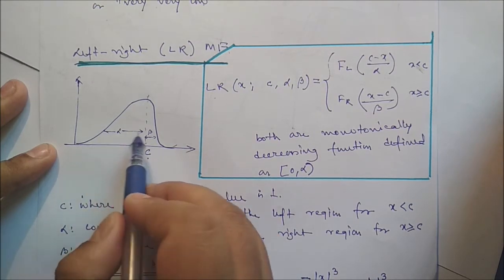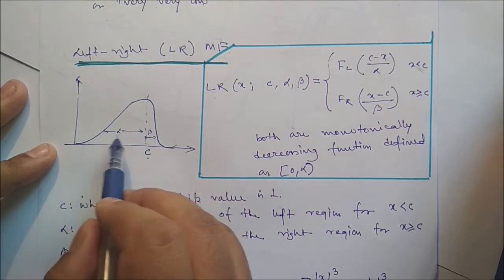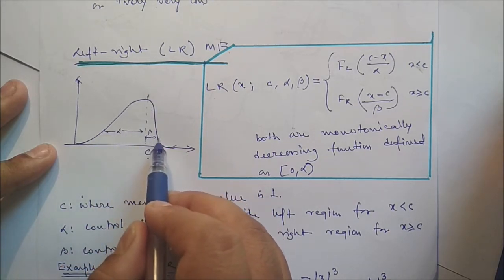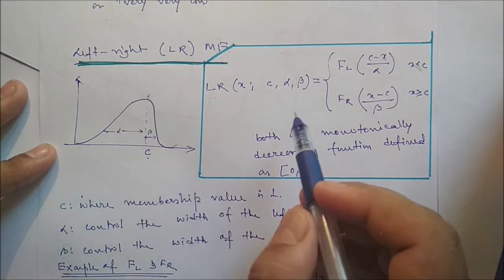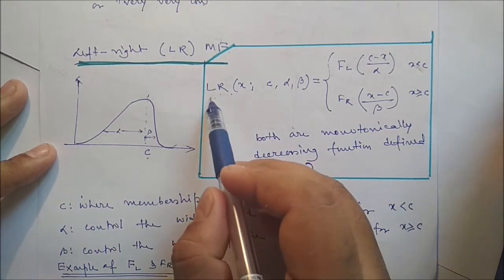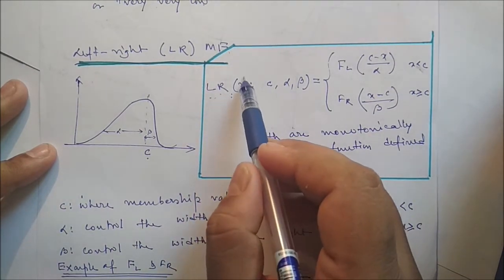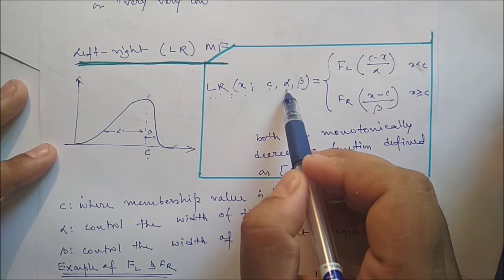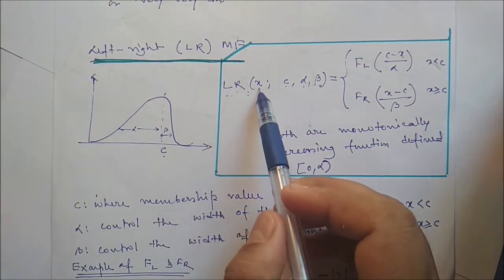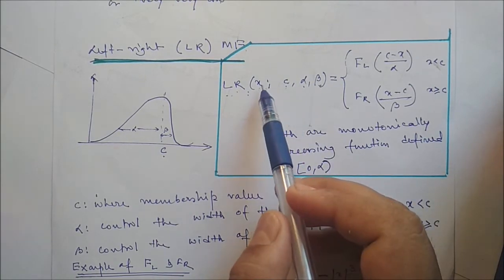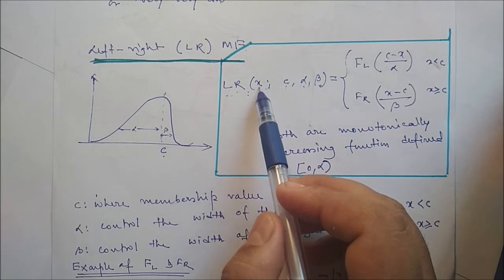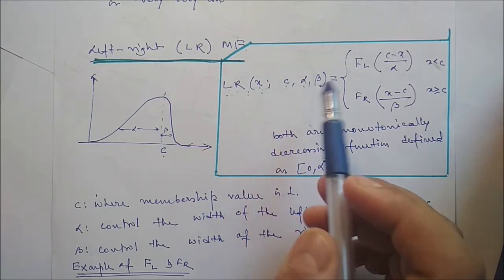Now through alpha we control the left side of this particular shape, and through beta we control the right side of this particular shape. So LR is left right, x is a membership. We can identify the membership value of x. Three parameters are there: c, alpha, and beta. LR x semicolon c alpha beta. So c, alpha, beta are the parameters, and for different x values we can get the membership value.